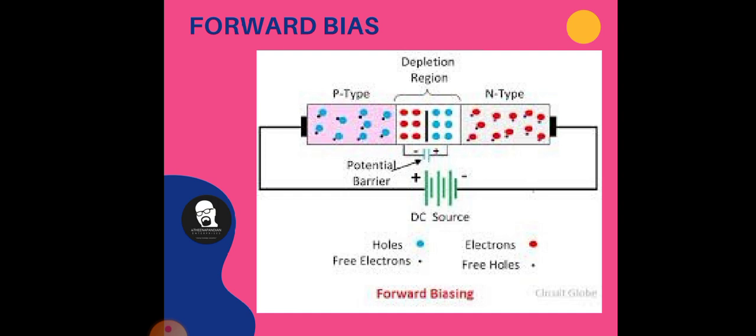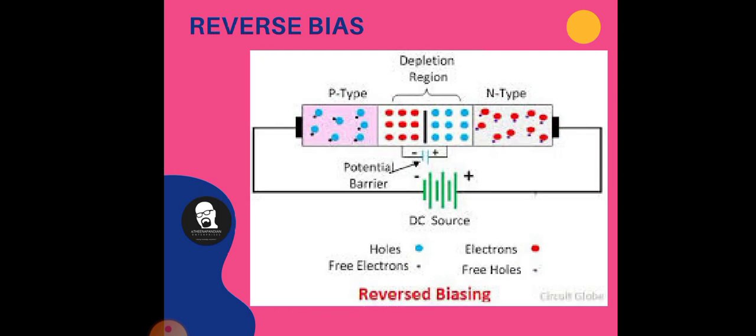So as we go on increasing the supply voltage, recombination will take place, and the charge particles from both semiconductors will try to break the depletion region, and they will combine with each other. So the depletion layer gets reduced, and current starts flowing through the junction.